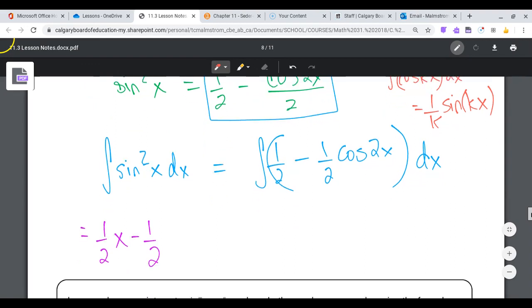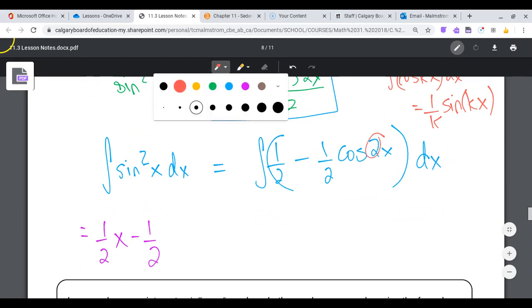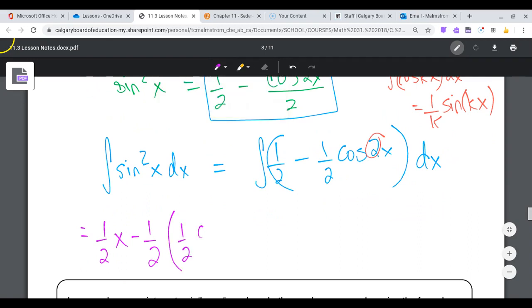So in our case, the k is 2. So this is going to be 1/2 times, I keep saying cos, silly me, sine of the argument 2x plus c.